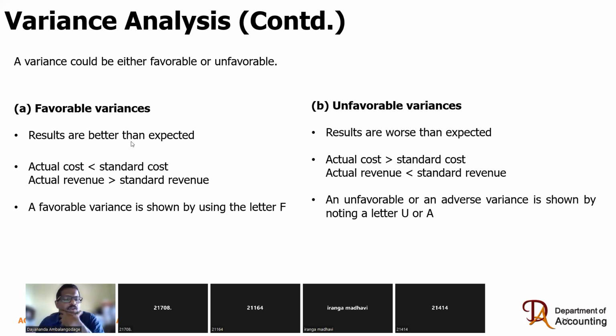But we almost discussed favorable variance and unfavorable variances. But remember that there may be certain cases the variance is 0. Results are better than expected. Results are worse than expected. Unfavorable. Actual cost, standard cost. So actual cost is less and standard cost is more when you get a favorable variance.